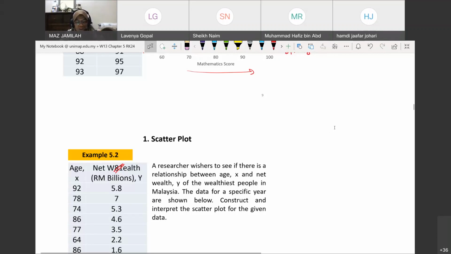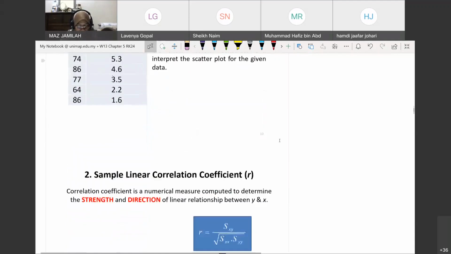You can use whatever equation later to see the relationship between Y and X, but in the first place, the scatter plot is done first because it gives you an idea of how X and Y are related. That is the function of the scatter plot.